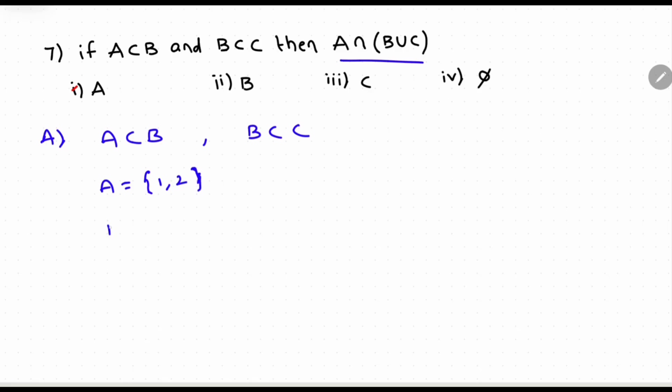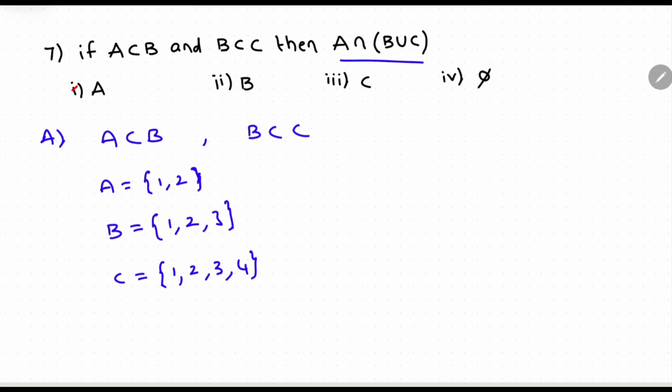So B equals to 1 comma 2 comma 3. Therefore, A is a part of B. Now we know that B is a part of C. Therefore, C equals to 1, 2, 3, 4. So we are taking some example sets A, B, C.